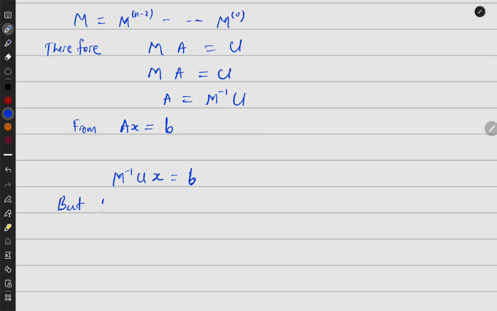But this M inverse is the same as L. M inverse is the same as the lower triangular.